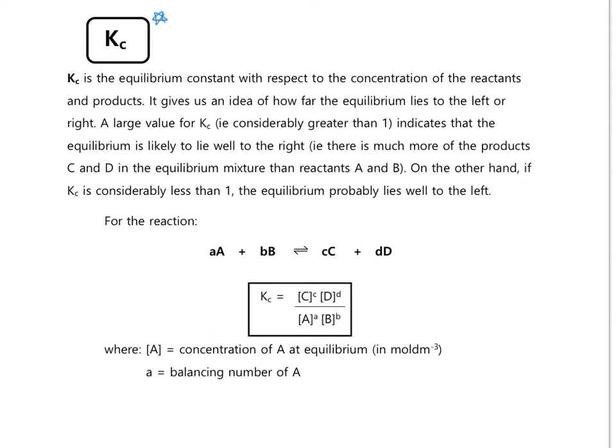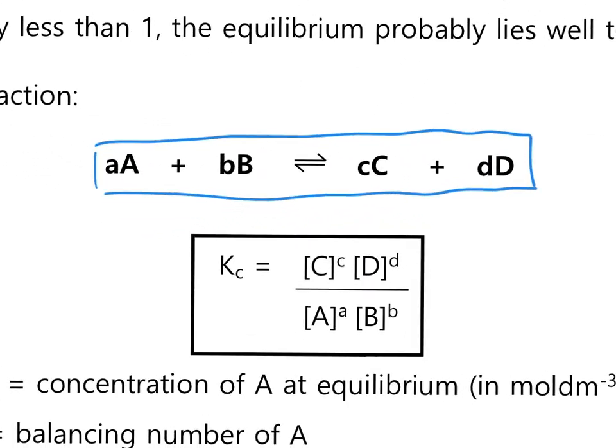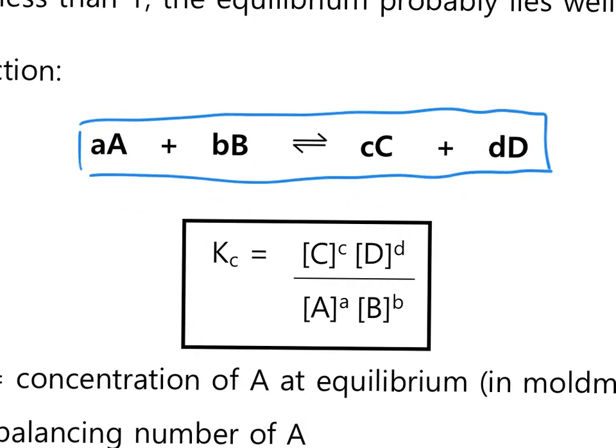So we've got a reaction, A plus B, reacting to give us C plus D, and the expression for Kc written underneath. So essentially what we have is at the top of our fraction, if I just zoom in here, the top of our fraction, we have the concentration of our products. So those are our products, C and D.